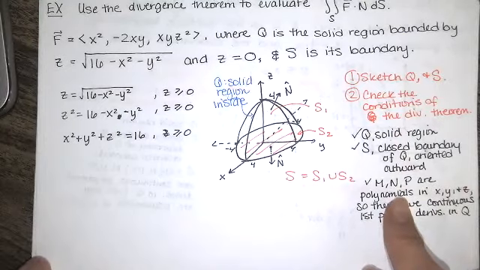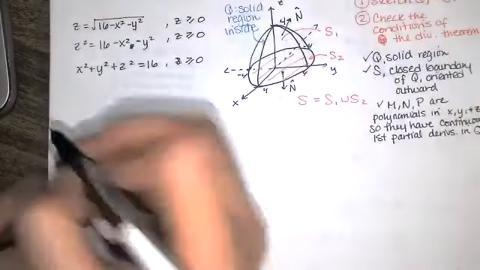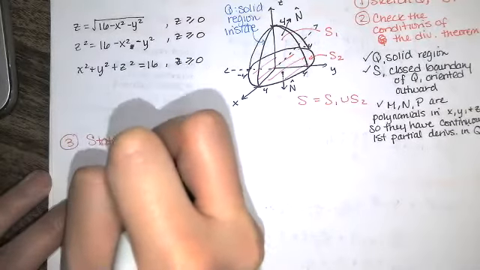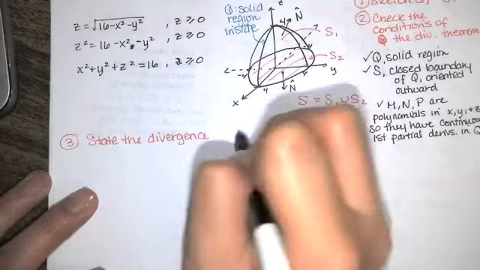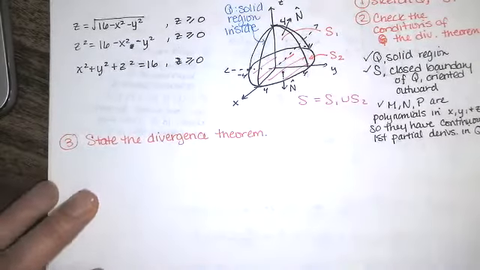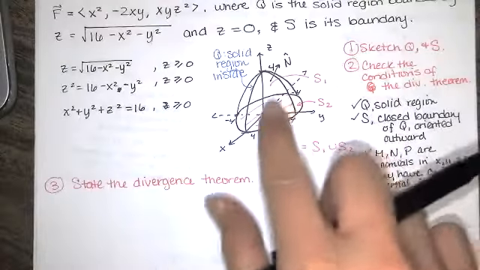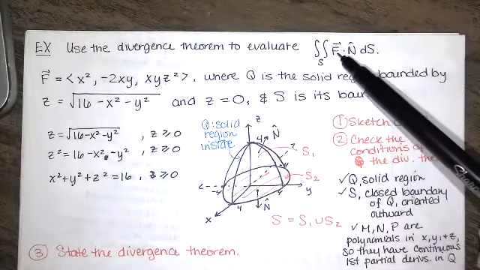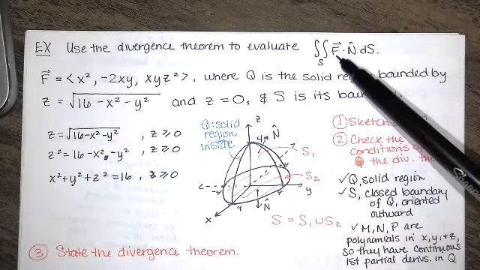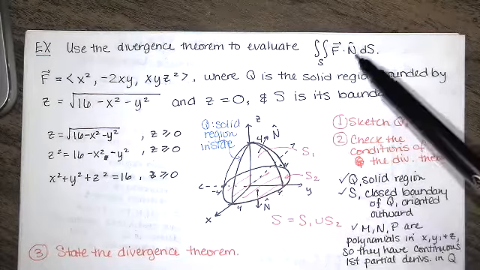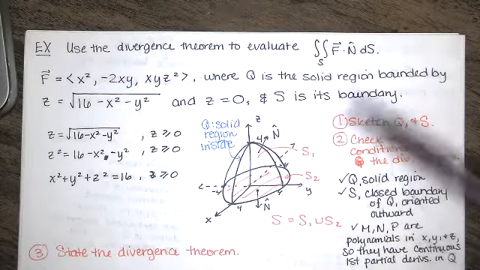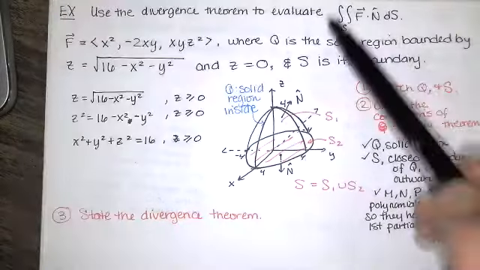Now all we have to do is write down the divergence theorem. The divergence theorem says, instead of evaluating the surface integral over S1 and the surface integral over S2, which requires finding this field in terms of X, Y, and Z as a function of X and Y on S1, finding the normal vector to S1, taking a dot product, and then integrating over the projection of S1 onto the XY plane, and then doing the same thing for S2, and then integrating.